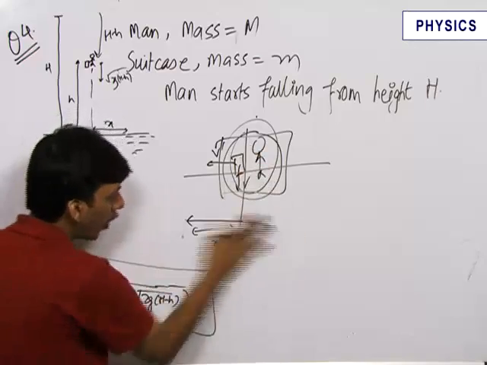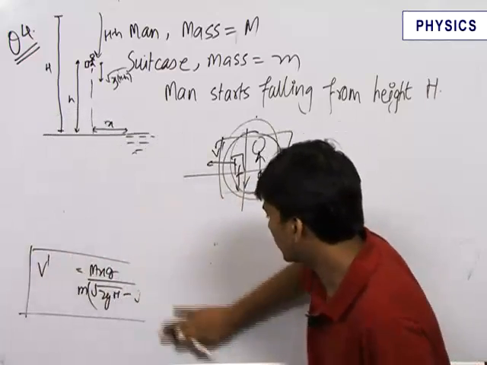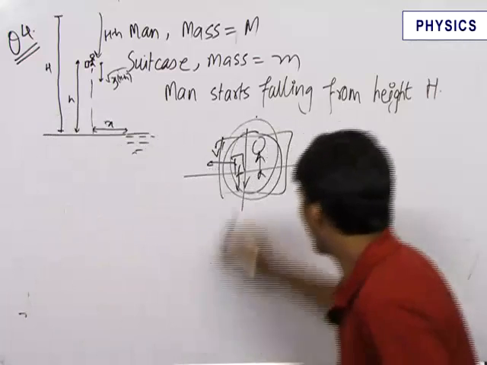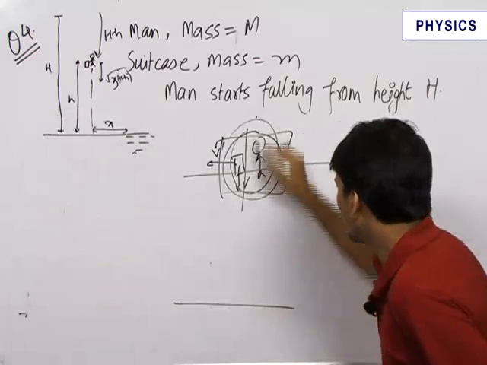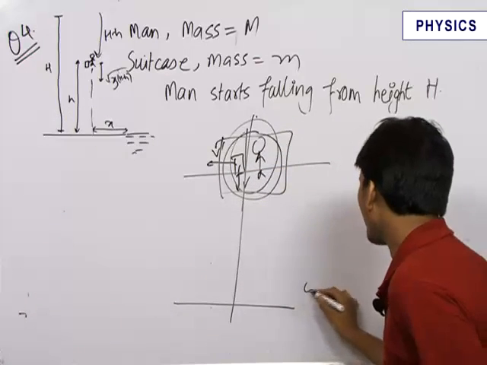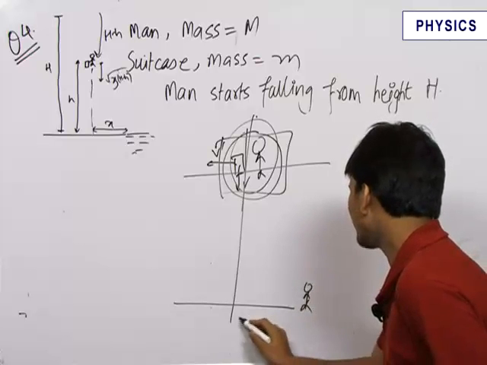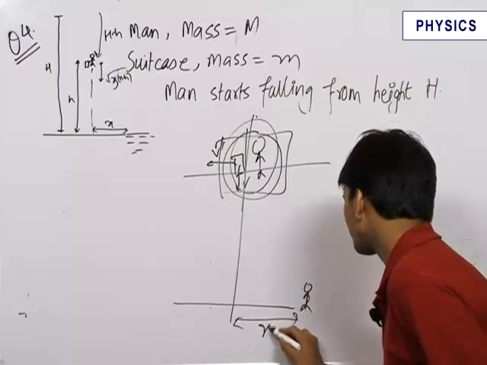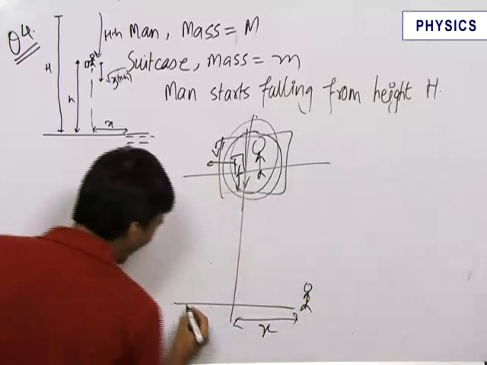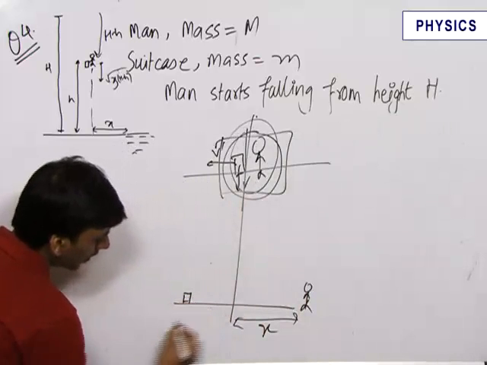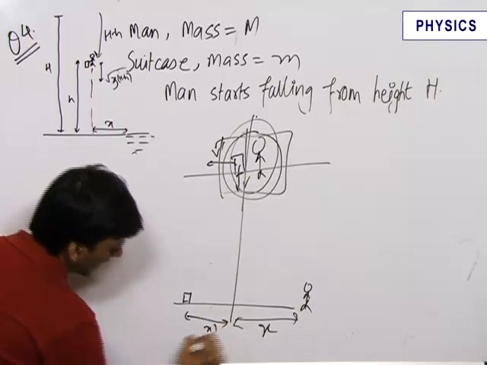So when these two objects fall to the ground, this was the line of motion. The man falls to the pond, that is at a distance x, and this bag falls somewhere here, that is x'.